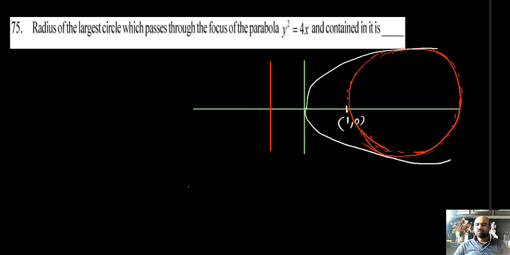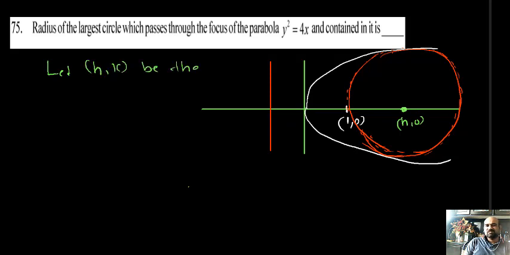Let us assume that the center is h comma 0 because it is on the x-axis, and let r be the radius of the required circle.